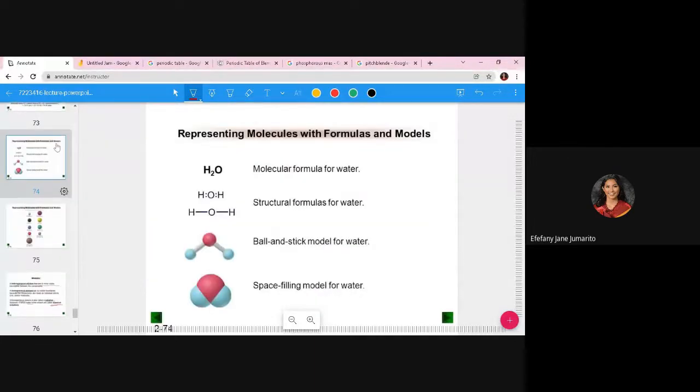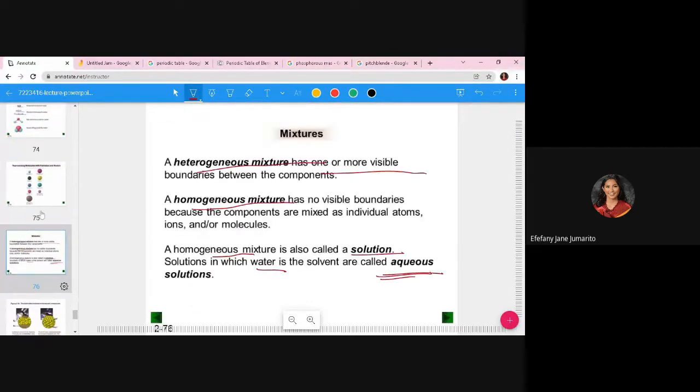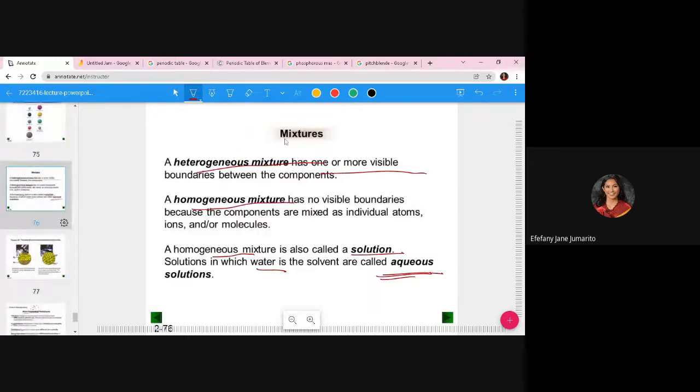Alright. Okay, so we have models. Ball and stick, space filling. Makita na to ni siya as we go along the way. Okay, linear. Kani Lewis. So we have also mixtures. Mixtures can be homogeneous, heterogeneous. Then homogeneous mixture can also be called solution, just like your salt solution.